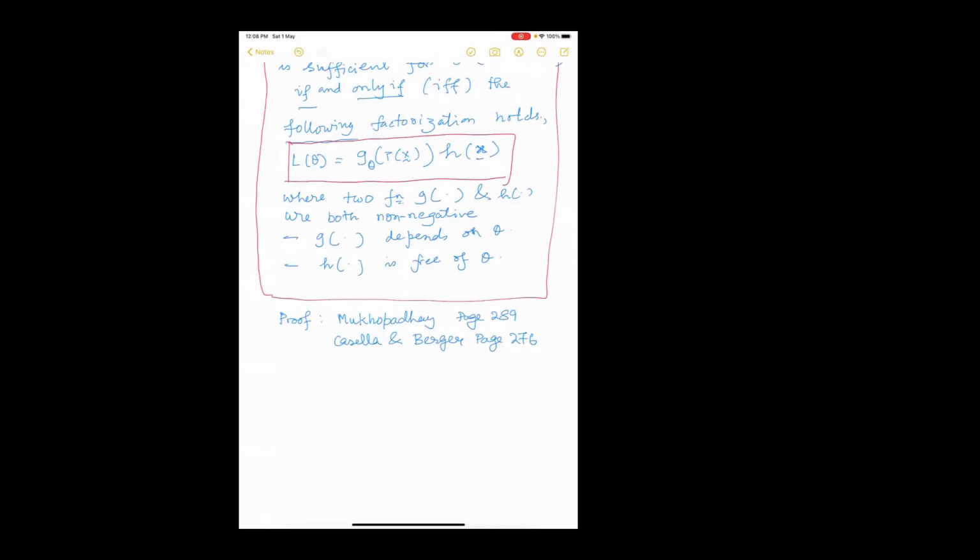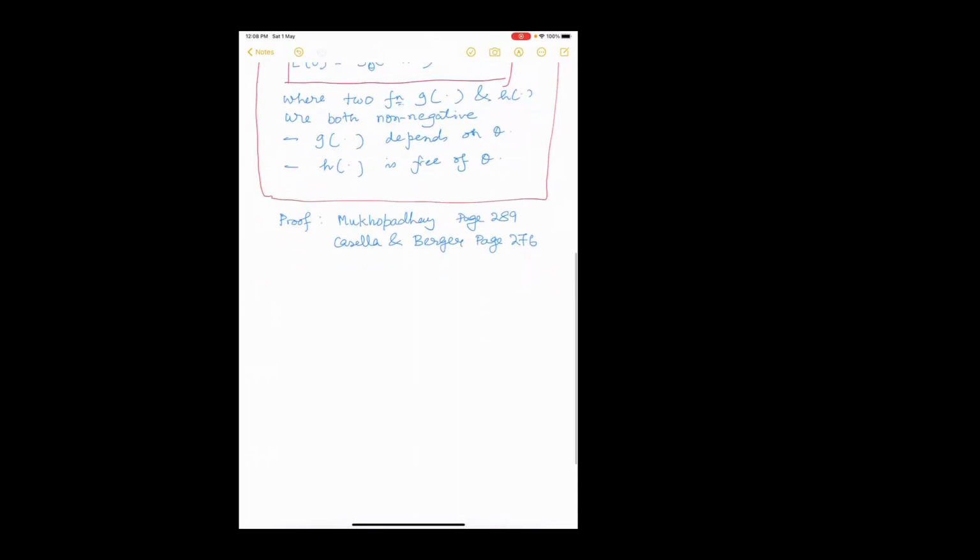So let me do one problem, and then I'll do another small theory. So let's do one example for the binomial distribution. It will be a small problem, so it will be quick.